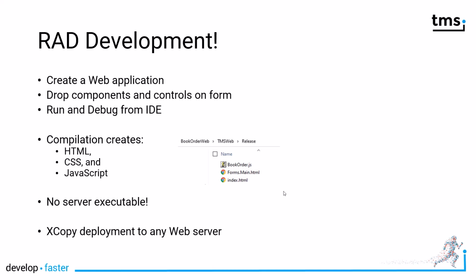But TMS Web Core applications can be deployed easily onto any web server by simply copying the JavaScript and HTML files. This gives you a lot of flexibility. Also, you can host your web applications inside of a Docker container. Thus, it opens up a lot of opportunity for load balancing, clustering, and all other sorts that are required for high availability web applications.